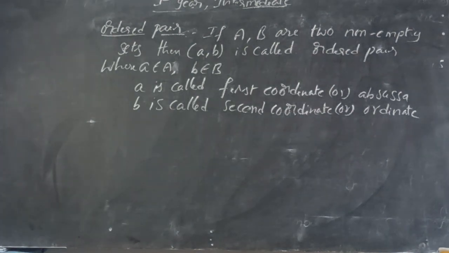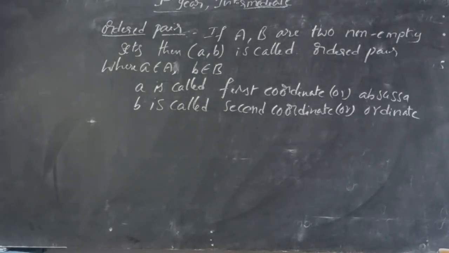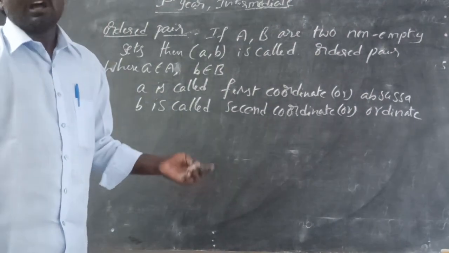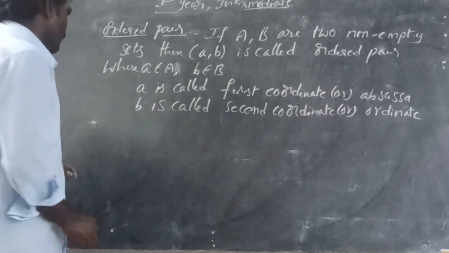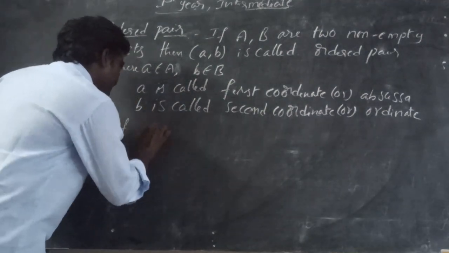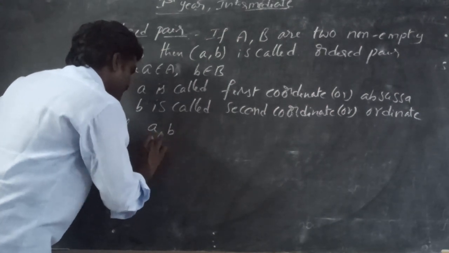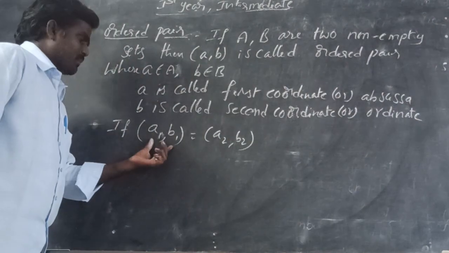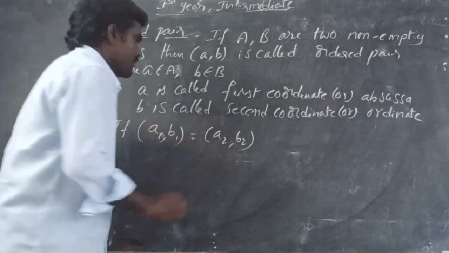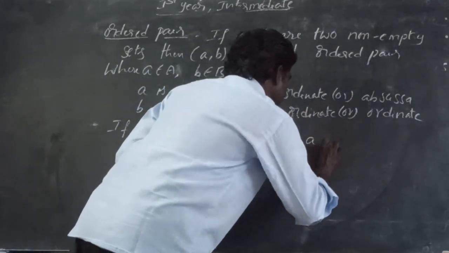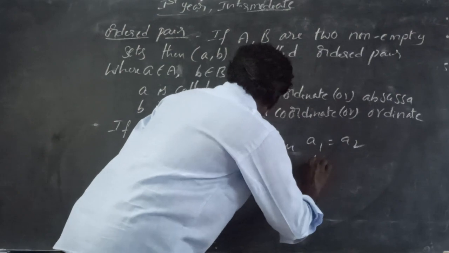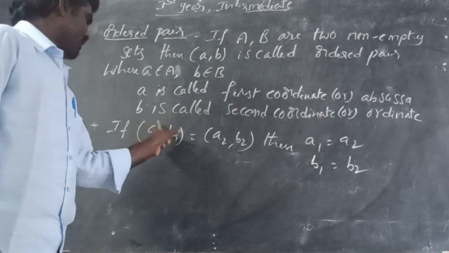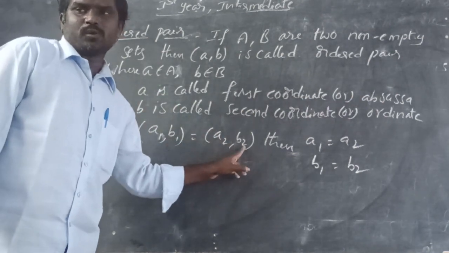Any two ordered pairs are equal if their first coordinates are equal and their second coordinates are equal. For example, if (a1, b1) = (a2, b2), these two ordered pairs are equal, then a1 = a2 and b1 = b2.